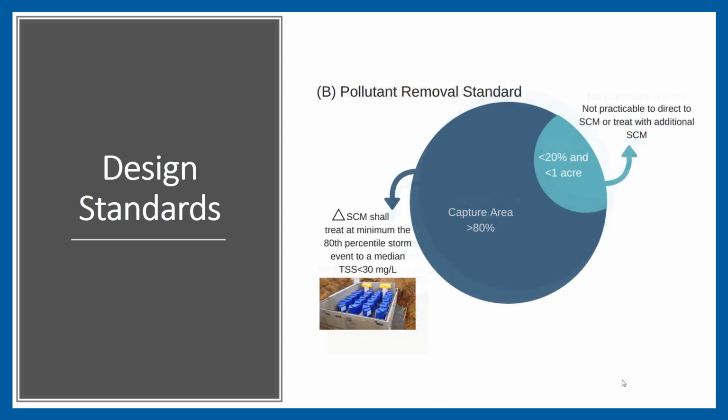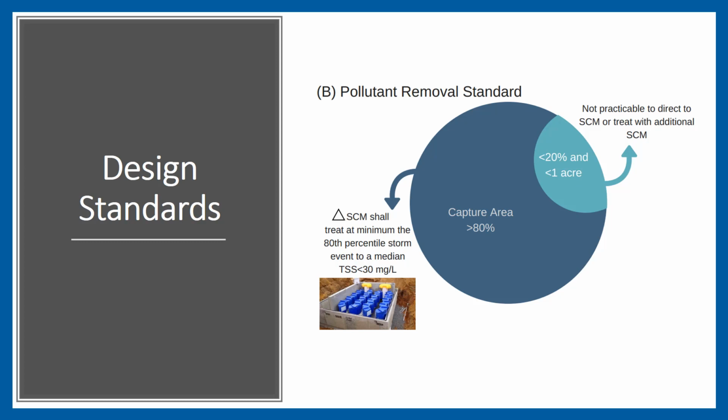The second theme is the pollutant removal standard. This has that same 80%, 20% breakout, but it says that your SCM should treat at minimum the 80th percentile storm event to a median TSS less than 30 milligrams per liter. So it must reduce TSS to something less than 30 milligrams per liter.